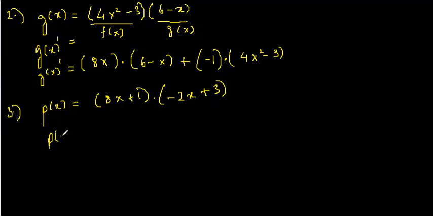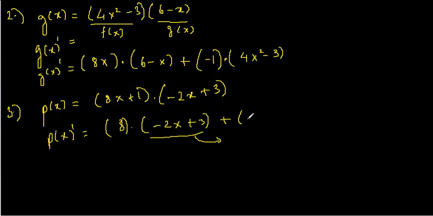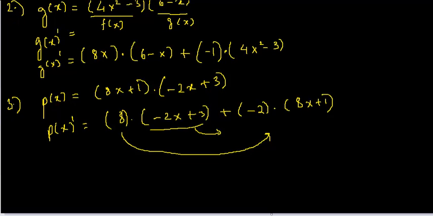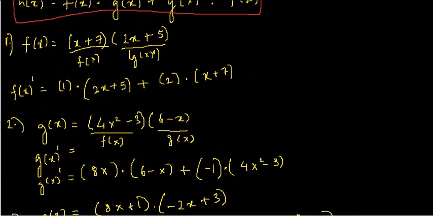Now the derivative of p of x is equal to the derivative of the first, which is 8, times the original of this one, negative 2x plus 3, plus the derivative of this one, which is negative 2, times the initial of this one, which is 8x plus 1. Now, if you do this about 5-6 times, you're set to go. You know how to do it. This is that easy. This is that simple.